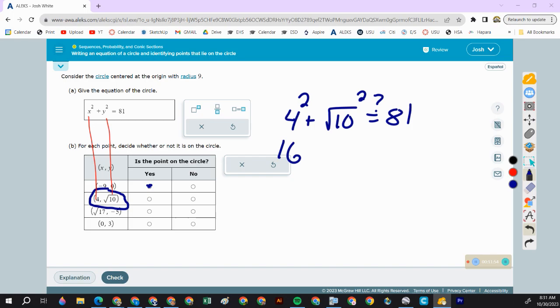And what is the square root of 10 times the square root of 10? It's just the square root of 100, which is 10. So anytime you square a square root, you just cancel those. And that equals 81. Is that a true statement? No. So is that point on the circle? No, it's not.